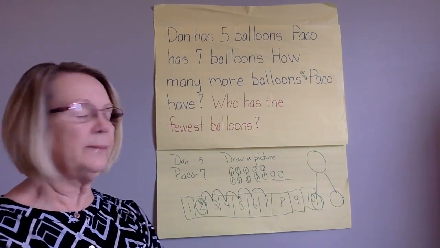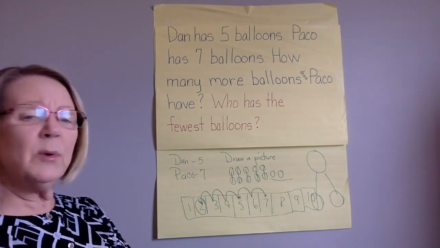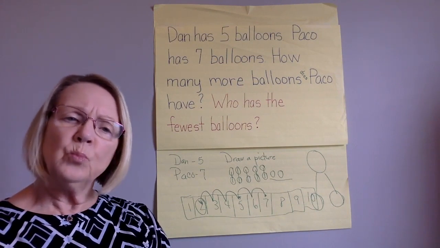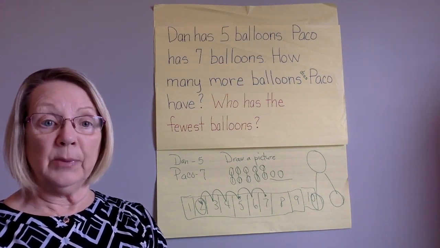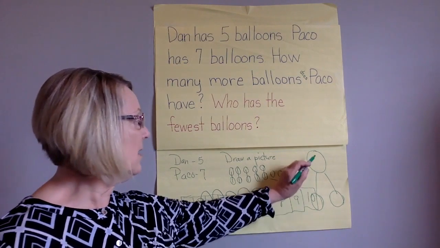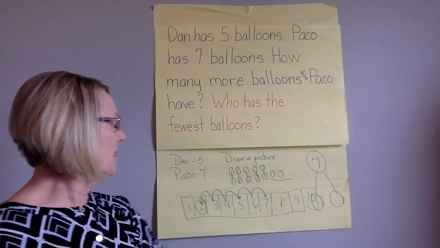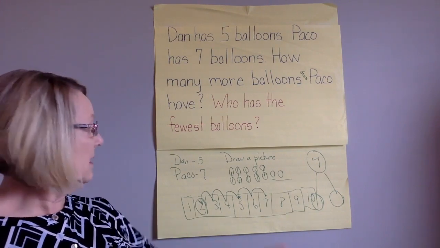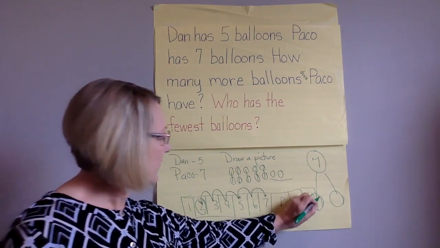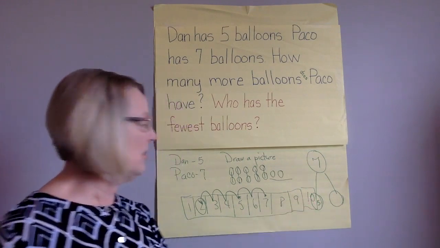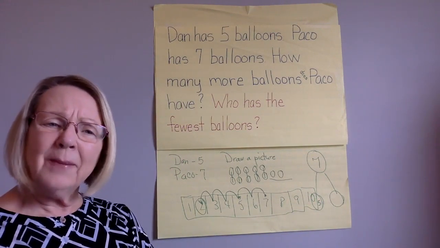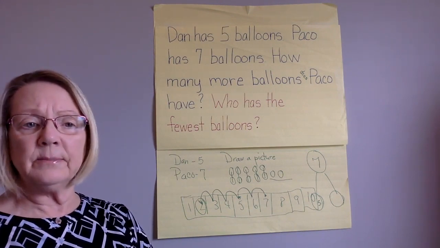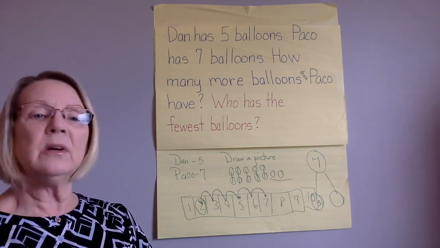All right, so how are we going to use this number bond? All right, so we could do it with an addition problem. Okay, so we could put 7 here for Paco, right? Okay, and Dan has 5, so we put it here. All right, so how many more do we need to make Paco 7? 2, that's correct.